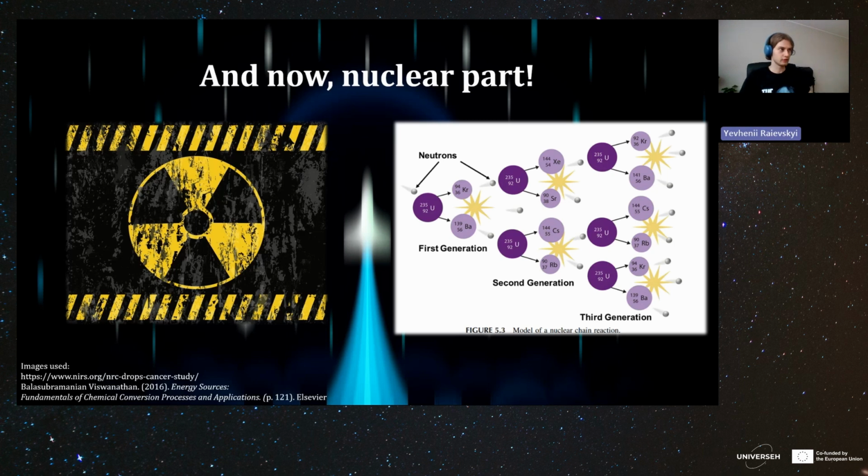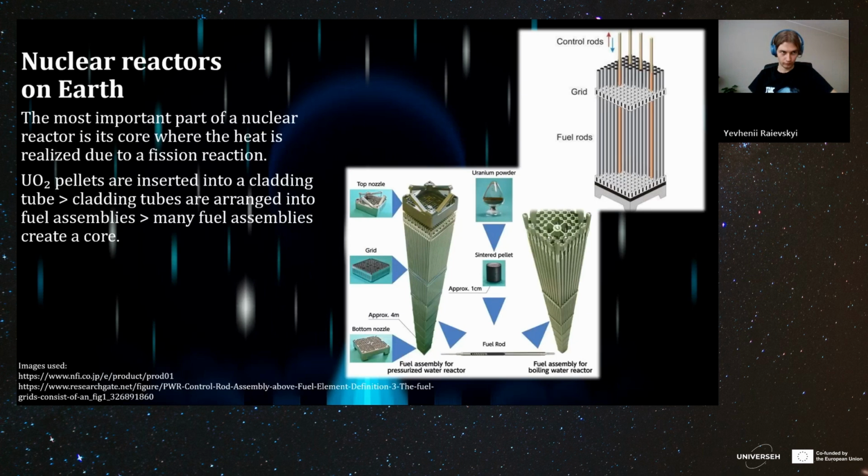If you slow down those neutrons, they are much more likely to be captured by the next uranium-235. So the efficiency of this chain reaction is higher. And this is how the heat is generated here.